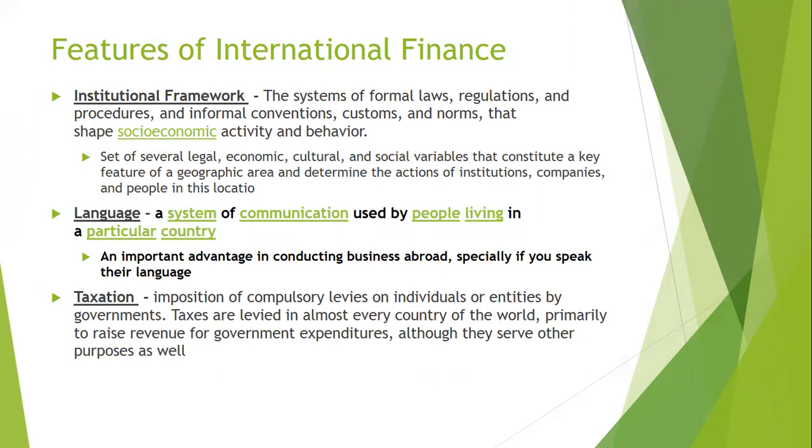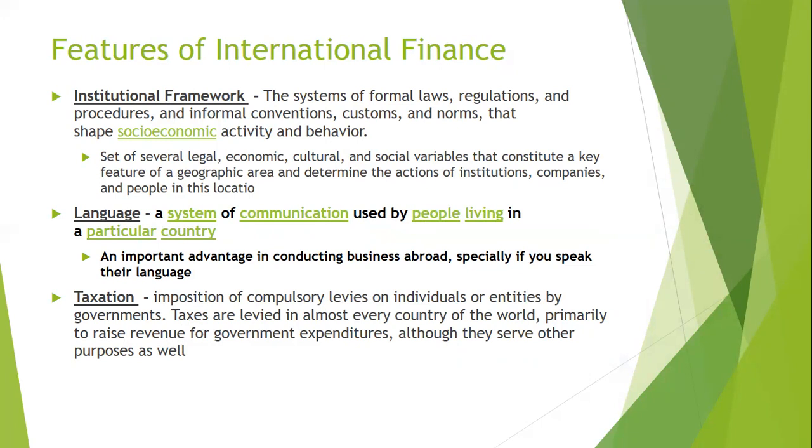Institutional framework is the system of formal laws, regulations, and procedures, and informal conventions, customs, and norms that shape socioeconomic activity and behavior. These are a set of several legal, economic, cultural, and social variables that constitute a key feature of a geographic area and determine the actions of institutions, companies, and people in this location.